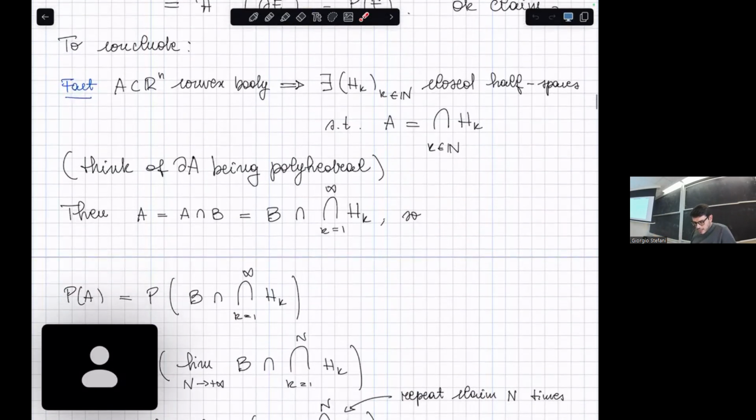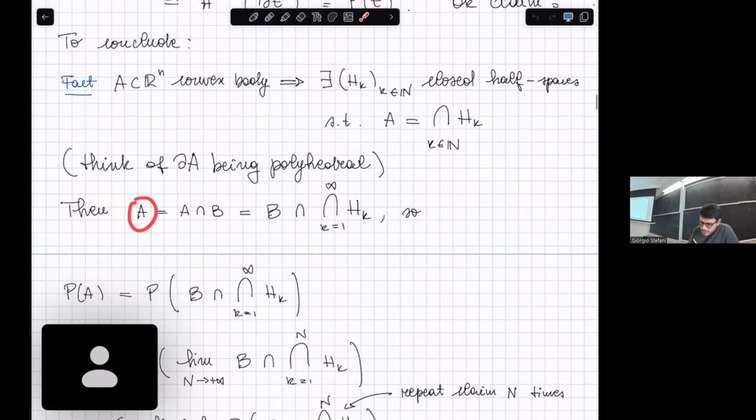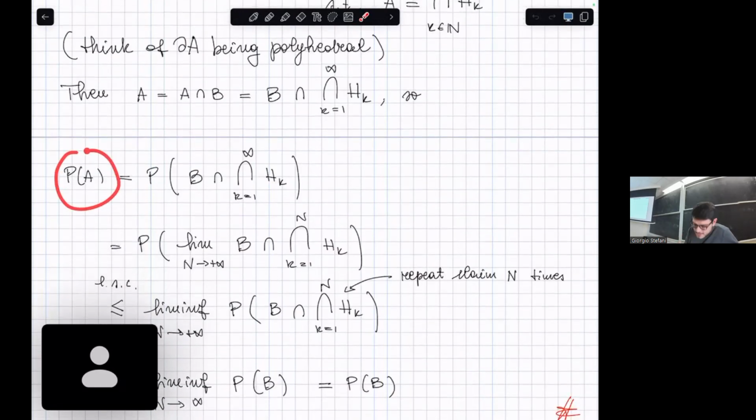Now, A is contained in B, so A is the intersection of A and B, topologically speaking. And we have said that A is the intersection of this infinite number of half spaces. So the perimeter of A is the perimeter of this thing here. Now, I can say that this infinite intersection is the limit of finite intersections, a finite number n.